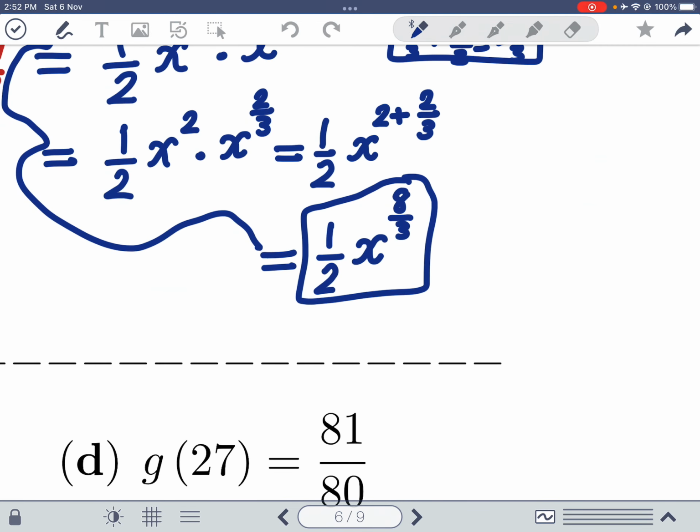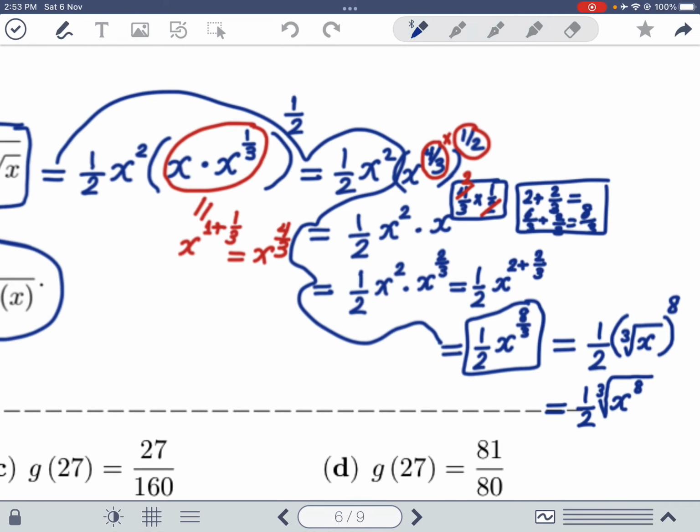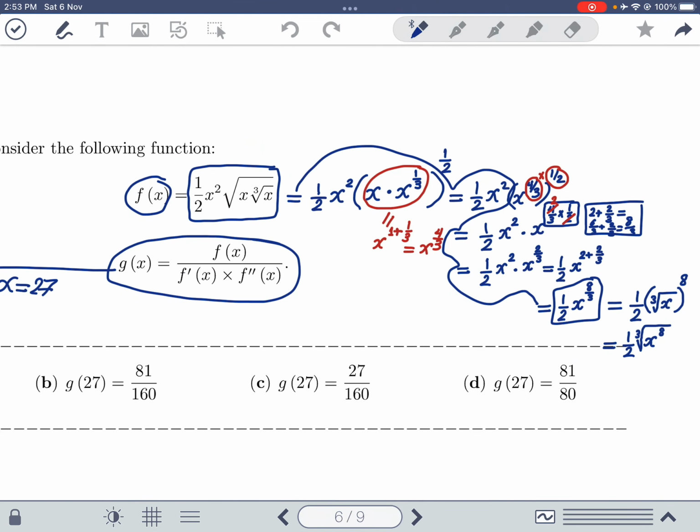Like right now you can write it like this, and also remember that if you want to write it in terms of roots, this will be the cubic root of x, that's like power 1/3, raised to the power 8. You can write it like this, or you can write it as 1/2 x to the power 8, all of it cubic root. Both ways are fine, and you know this from college algebra. So let's now come back.